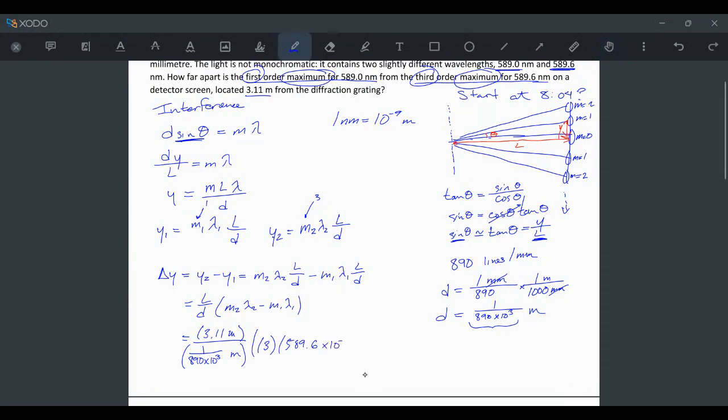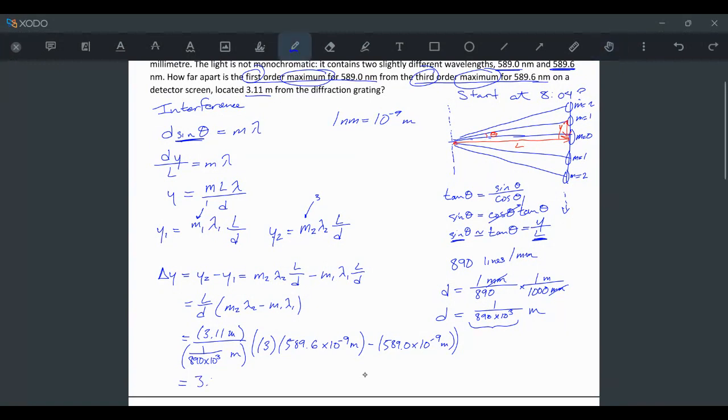So all we have to do is chuck a 10 to the minus 9 on there and assign it units of meters. The interference order on the first wavelength is 1, so I haven't even written that down because multiplication by 1, you don't need to write it down. That's everything. So at this point, just plug into the calculator and hopefully don't make any mistakes.